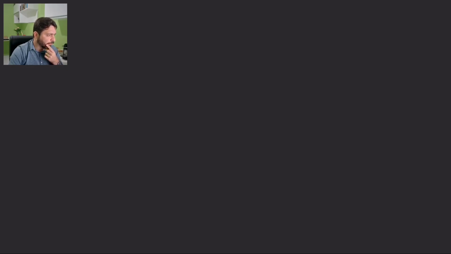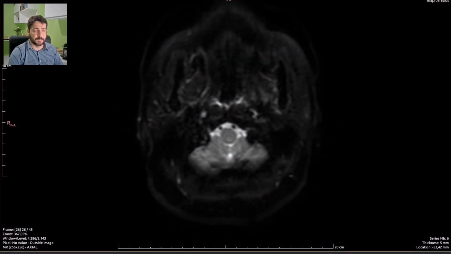She has gone through a brain scan that has turned out to be normal. So the regular brain scan was normal, MRI brain scan, and they are now looking for vascular diseases, so thrombosis.